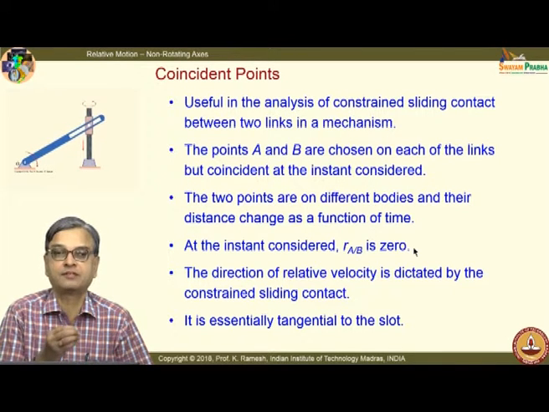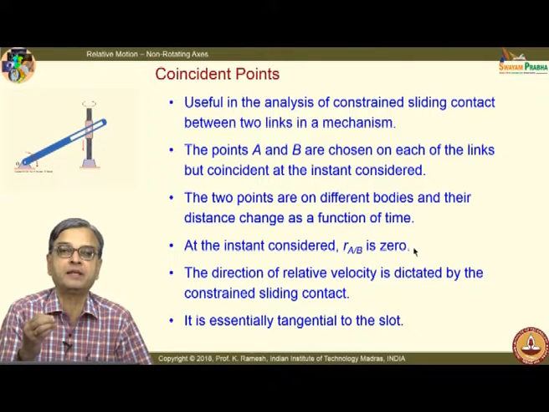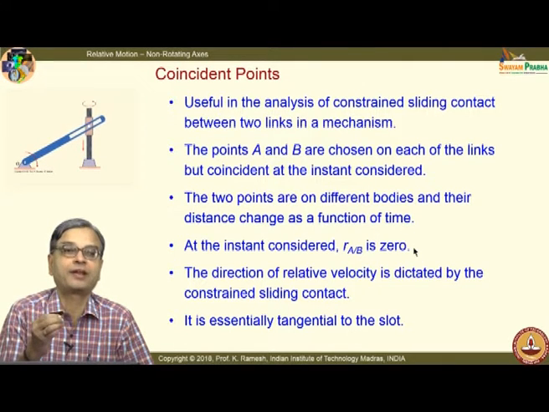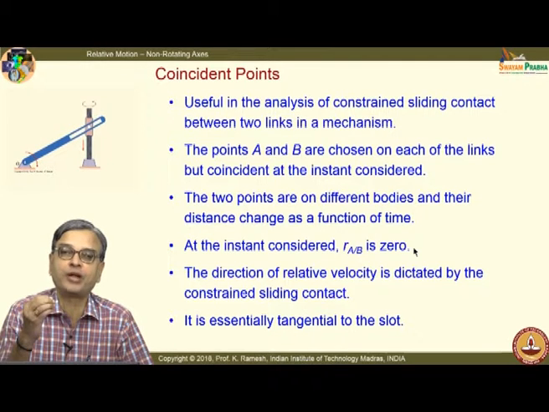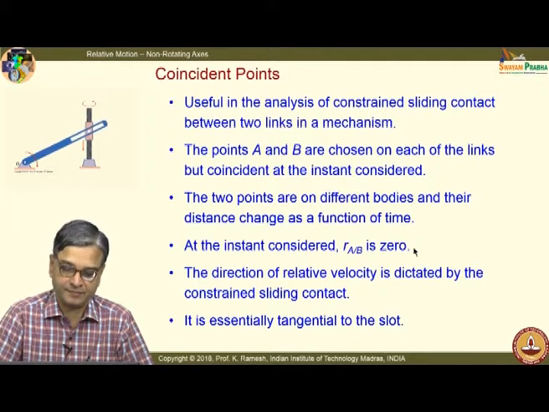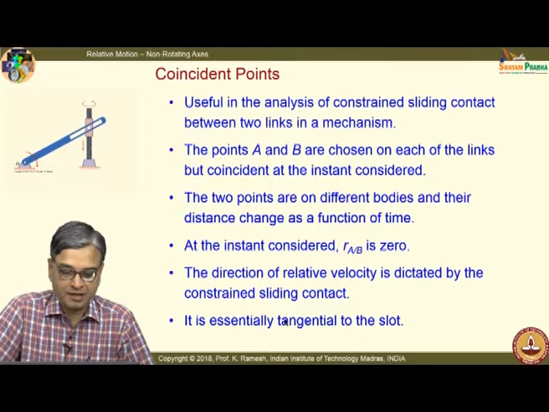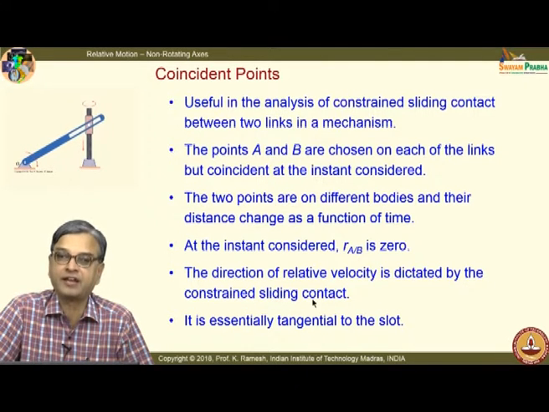What I am trying to say is, in the slotted member, I would have a point coinciding with the point B. And what is stated here is that the direction of relative velocity is dictated by the constrained sliding contact.